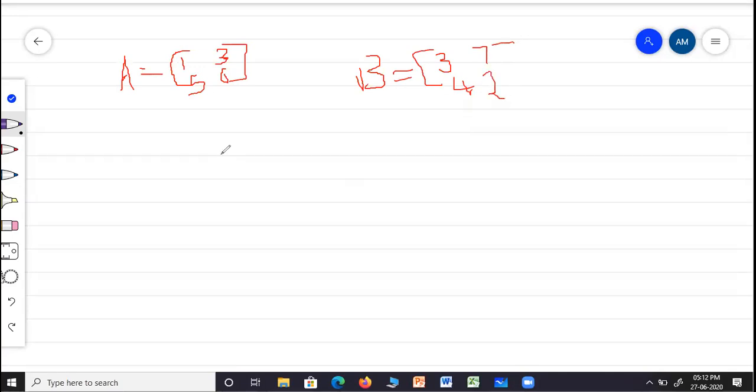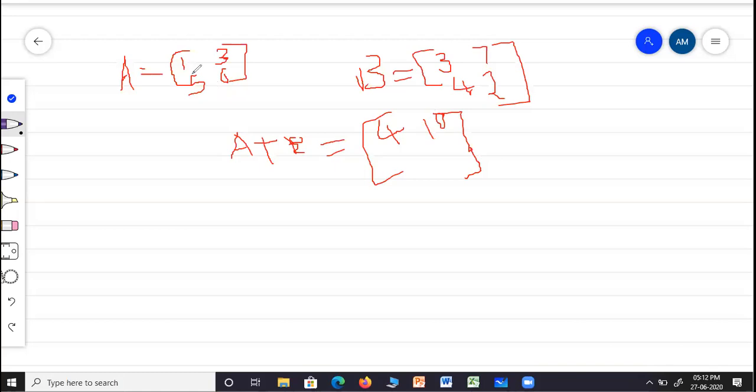Now, how can we add these two matrices? A plus B is equal to the element of matrix A, that is 1, plus the element of matrix B, 3. So 1 plus 3 is equal to 4. Then the second element of matrix A is 3, and of matrix B is 7, so 3 plus 7 is equal to 10.